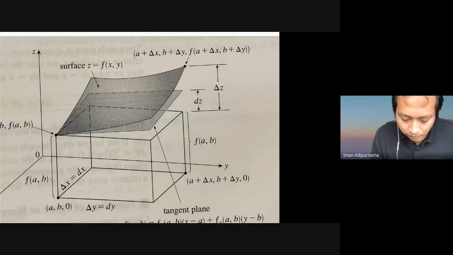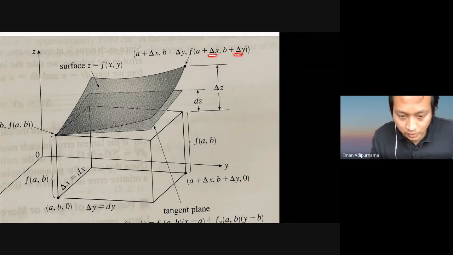And then the z will become a different value because of delta x and delta y. And thus, this becomes the delta z.